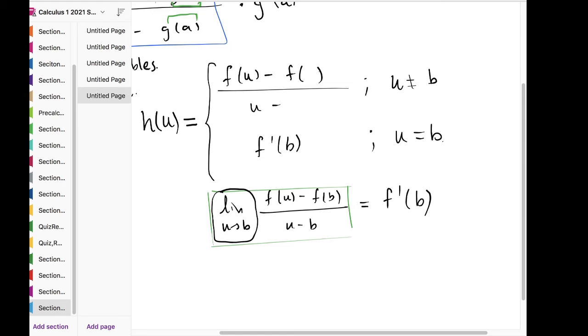When u is not precisely equal to b, it's equal to this quotient. And then we just force it to be f prime when u is equal to b. Why is this continuous? It's precisely because the limit is actually equal to what's going on at b.